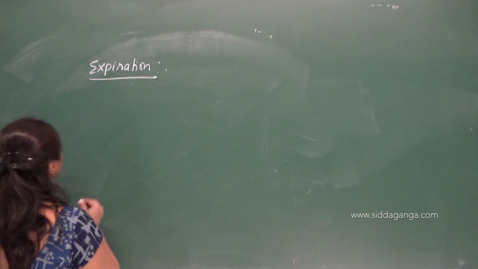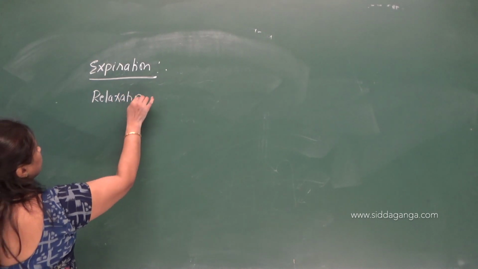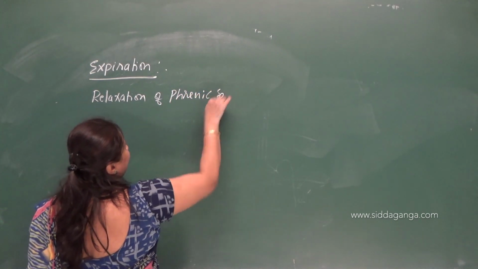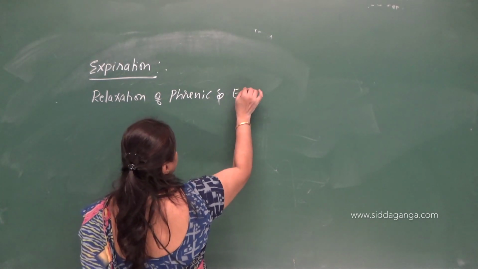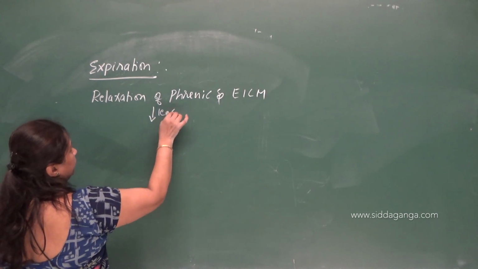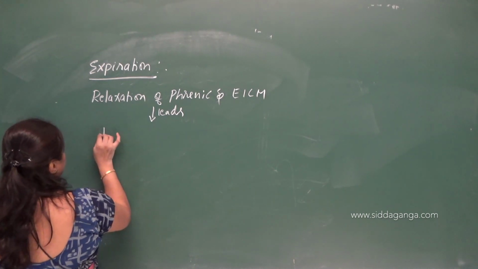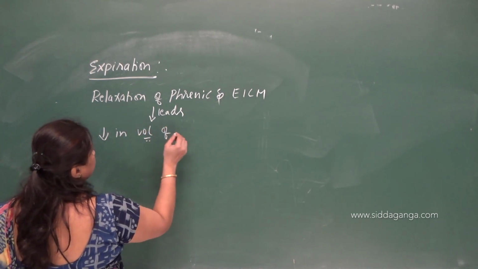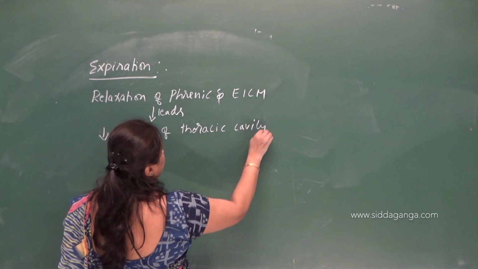So what happens during expiration? Relaxation of phrenic and external intercostal muscles leads to a decrease in the volume of the thoracic cavity.